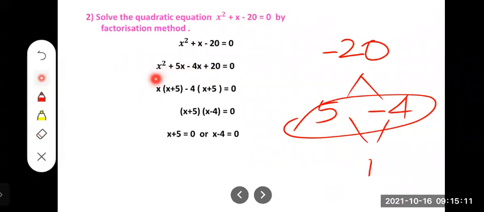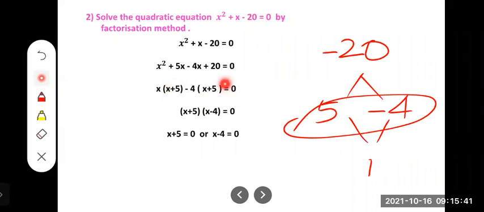For that, from the first 2 terms you take a common factor outside. So what is common here? x is common. The remaining is x plus 5. So you write here x plus 5, and then minus 4x plus 20 is here. And then you take 4 common outside, so you get x plus 5 over here.